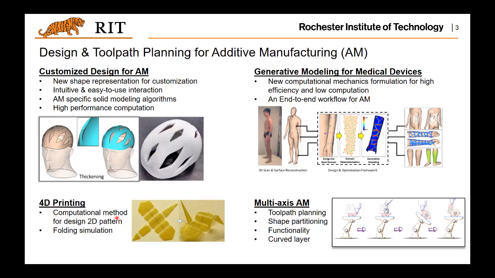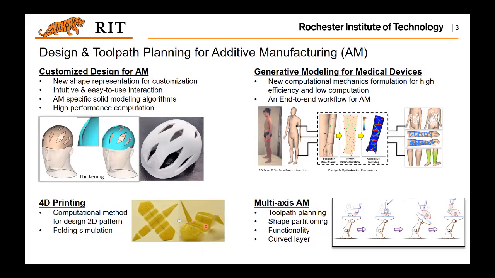On the bottom, there are two directions. One is the so-called 4D printing. In 4D printing, the product is originally printed in a 2D shape. And after applying some activation force, for example applying heat to the 2D pieces, or sometimes people use a magnetic field, the 2D pattern will self-fold or self-assemble into a 3D shape.